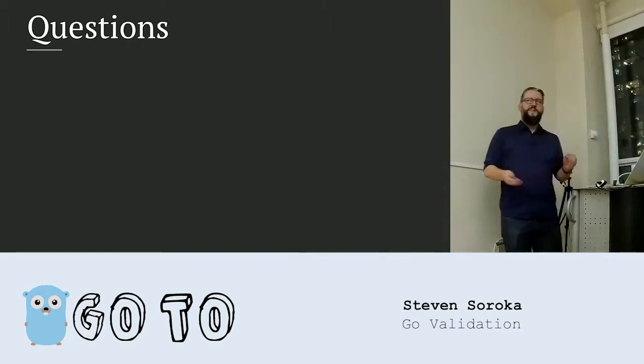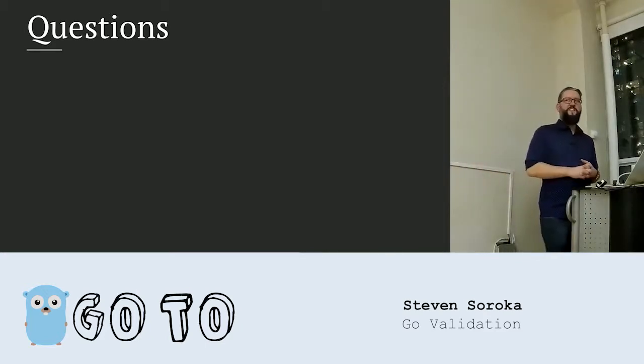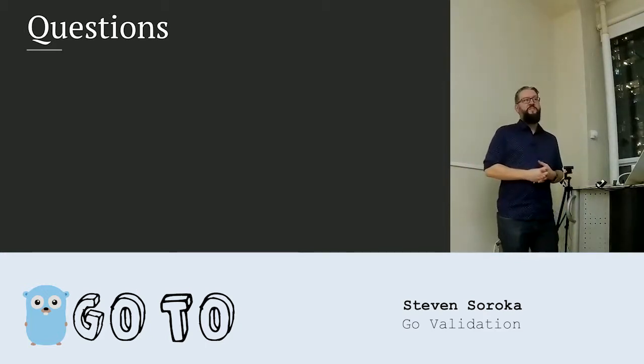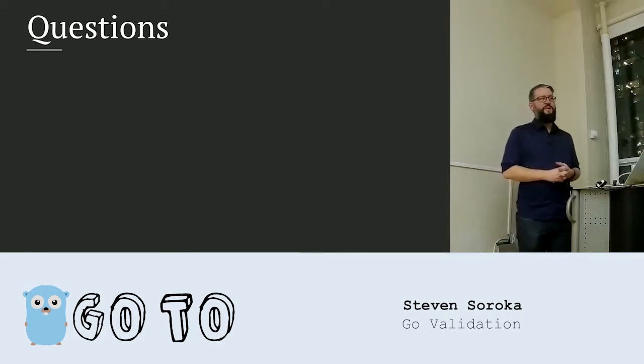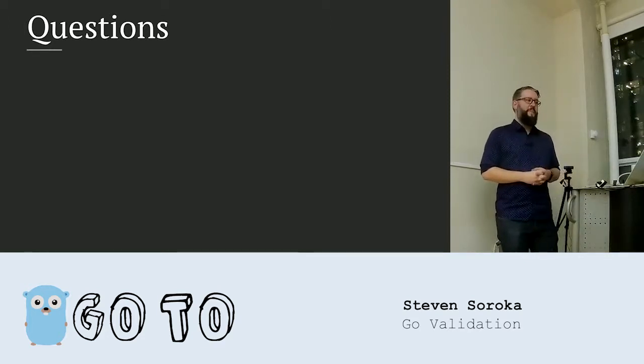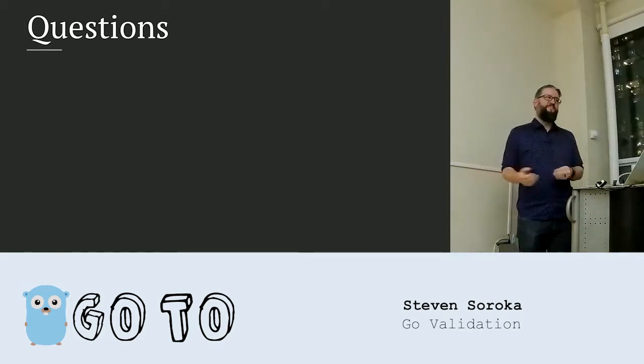That's actually one reason why you maybe wouldn't want to use a regular expression validator, because the regular expression validator can really only tell you that it failed, not why it failed.